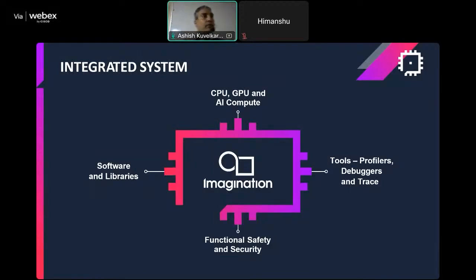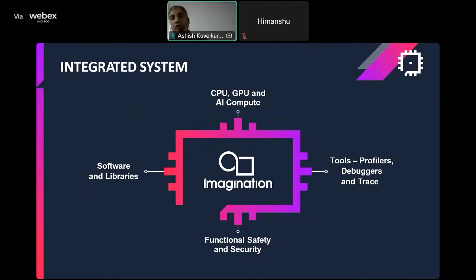Again, I spoke about the fact that in modern day compute, it's not only about the CPU. It's about everything coming together. I've talked about the CPU, GPU, and AI compute, but that's just the hardware part. There is a whole army of folks out there building software and software libraries.